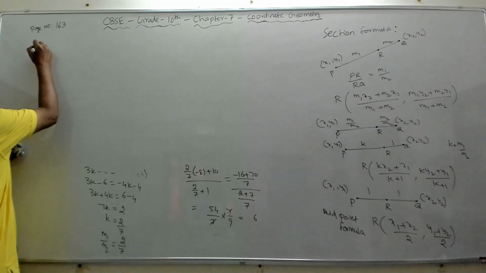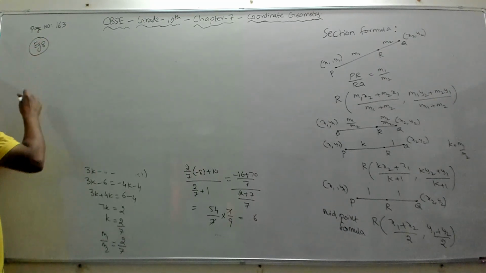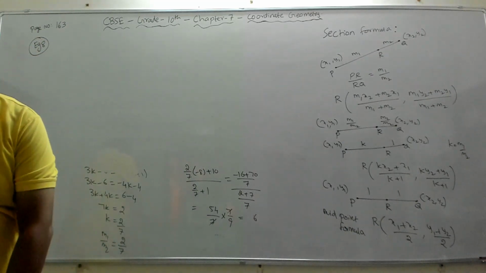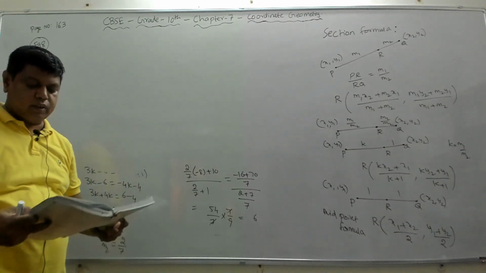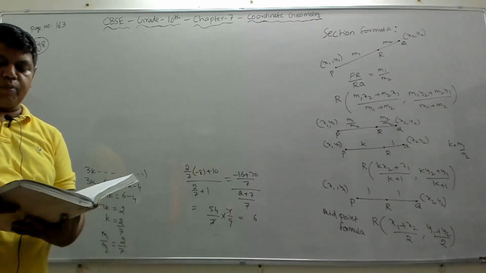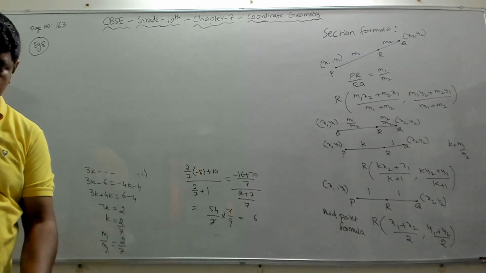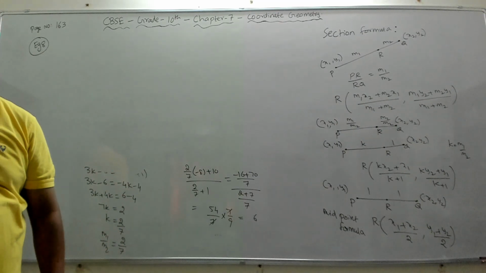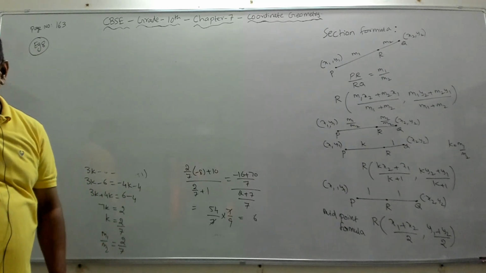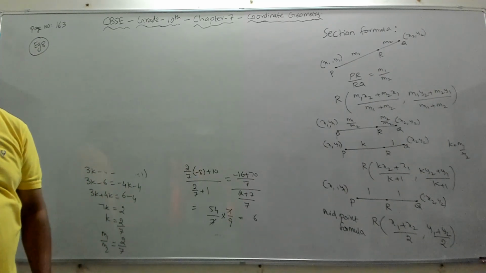So example 8. The question is: find the coordinates of the points of trisection, that is, the points dividing in three equal parts a line segment joining the points A of 2, minus 2 and B of minus 7, 4.